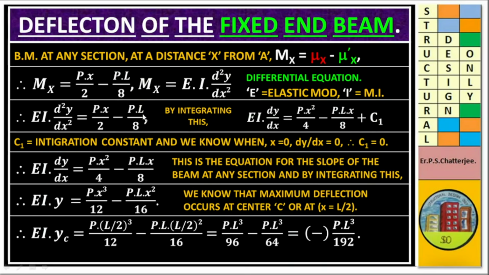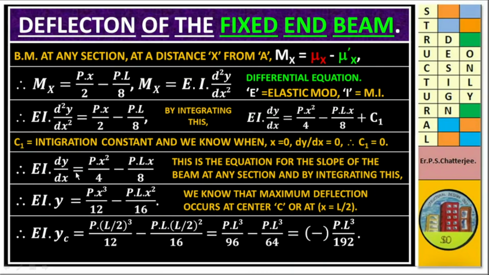minus PL by 8. By integrating this equation, we have EI dy dx is equal to Px squared by 4 minus P into L into x by 8 plus C1. C1 is the integration constant, and we know when x is equal to 0, dy dx is equal to 0. Therefore, C1 is equal to 0.